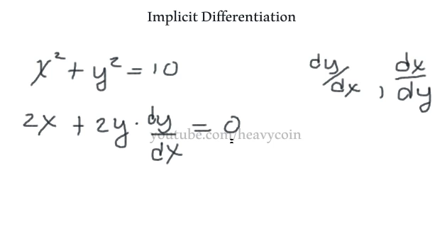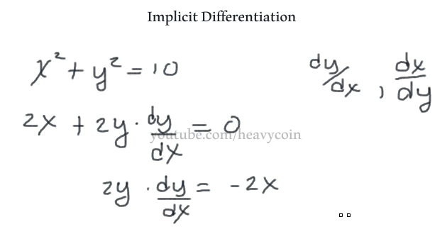Alright, so here we are. Now what we want to do is just solve for dy dx. So that means I'm going to take this 2x over to the right hand side, so it becomes negative 2x, and we're left with 2y times dy over dx.